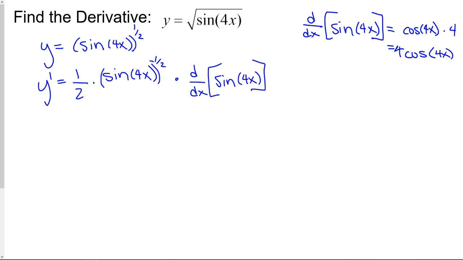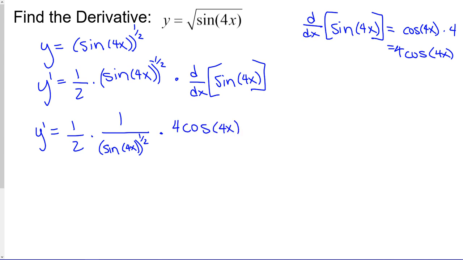So we're just going to replace this now. We've got y prime is equal to 1 over 2 times, I'm going to bring this into my denominator, 1 over sine of 4x to the 1/2. Okay, went from negative to positive when I moved it from my numerator to denominator. And I'm going to multiply this by my derivative of sine of 4x, which is 4 cosine of 4x.